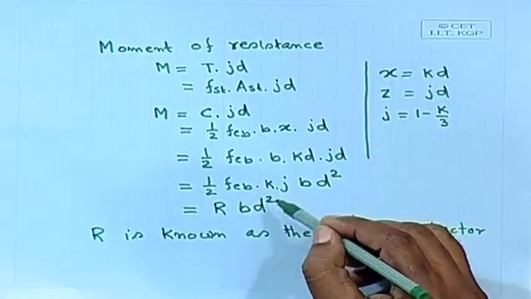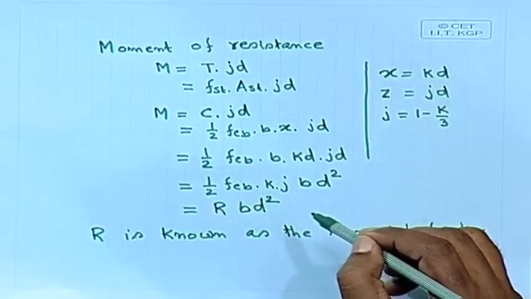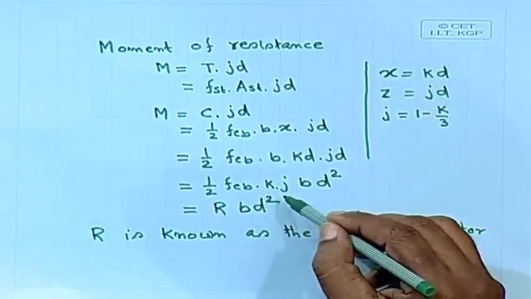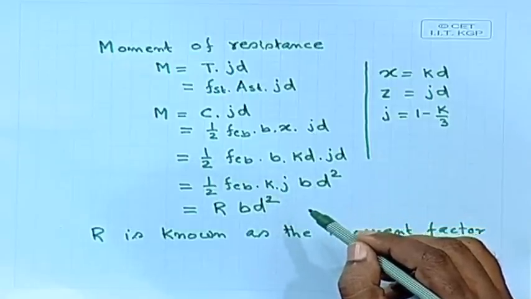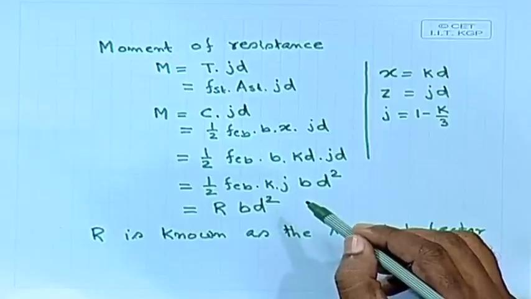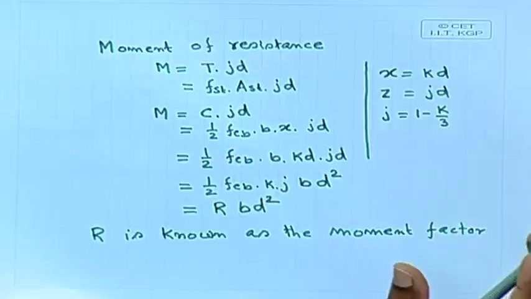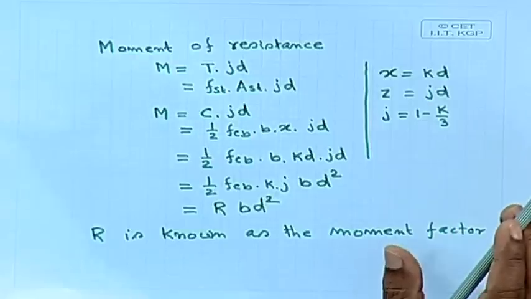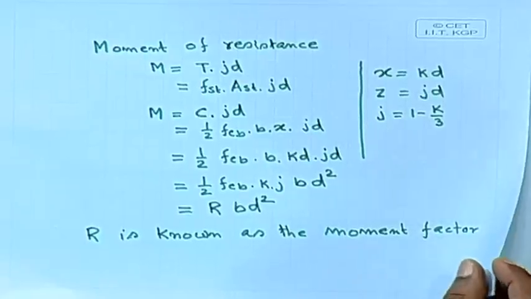This R depends on fcb, and also on K and J. So, we can find the moment of resistance of a section if we can find K and J, and if we get the moment of resistance we can check whether the section can take the load applied on that particular beam. That way, the moment of resistance is very, very important.